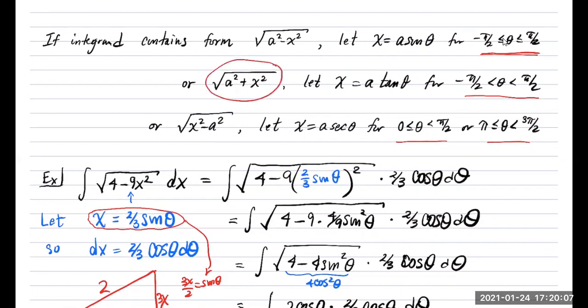So I think I'm going to make the substitution x is equal to the tangent of theta, where a takes the place of 1. Let's try it. And if it doesn't work, we'll try something else.